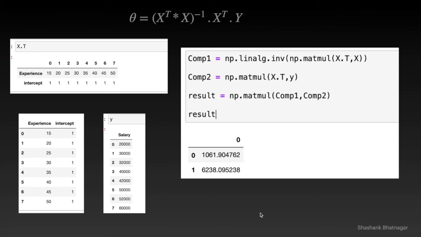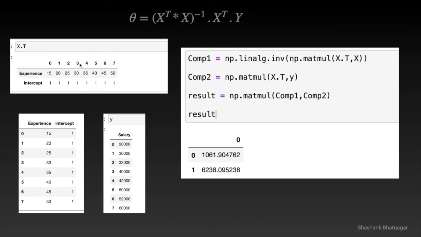Let us look into another way of solving this equation using matrix multiplication, where we derive the values of theta naught and theta 1 with the help of this formula. X transpose, denoted as X T, is the transpose of matrix X. This is the matrix X, and the transpose of the matrix will be this one.